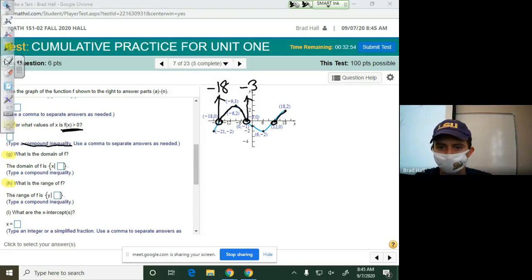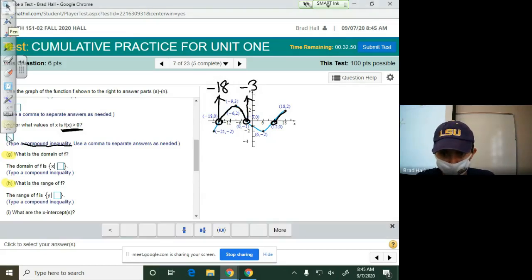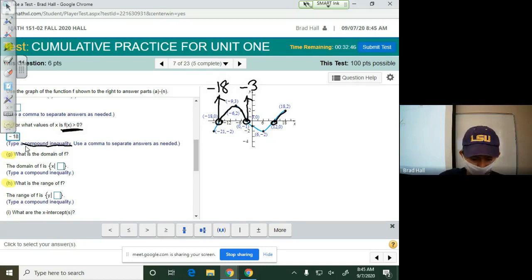So if anything, we can start off by typing that in. Negative 18, this is a compound inequality. We put just a less than sign because there's an open circle. We're going to use a comma because we don't use unions with compound inequalities, definitely not.